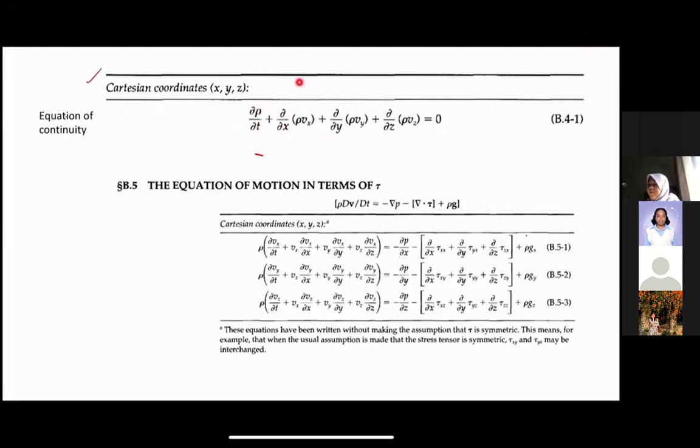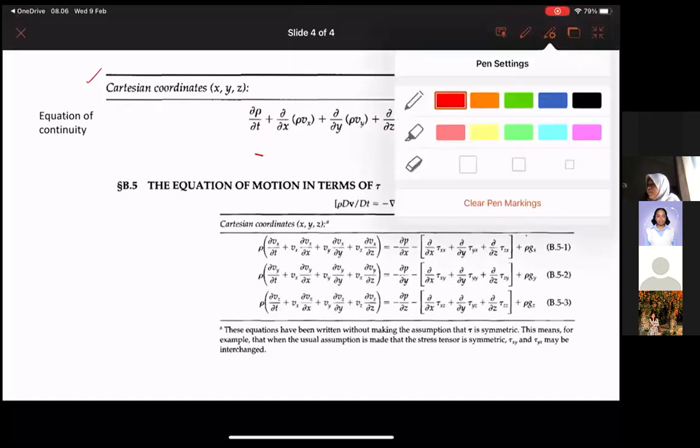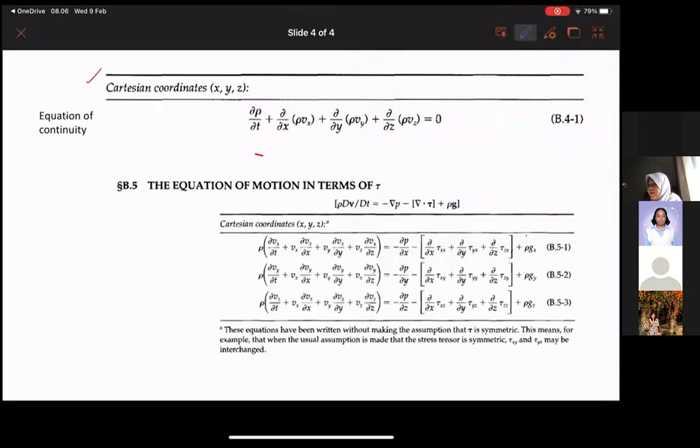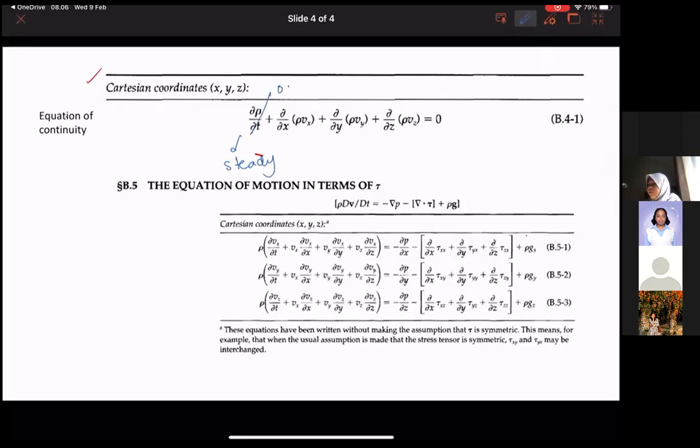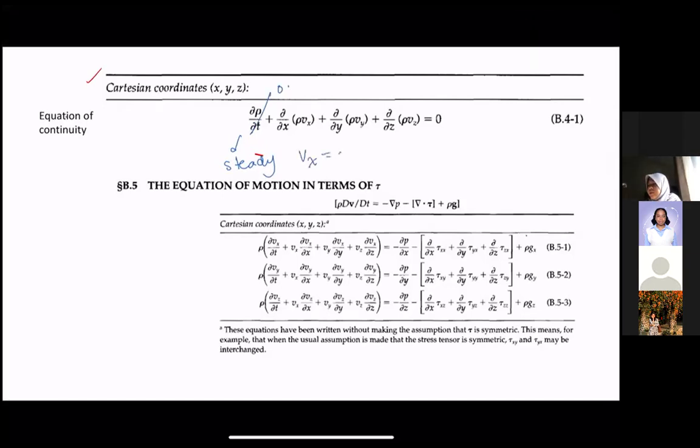Okay, for example, we know that it is steady, so because it's steady, this would be equal to 0. And then we don't have Vx, so we also know that the term with Vx, the derivative with respect to x, is equal to 0.